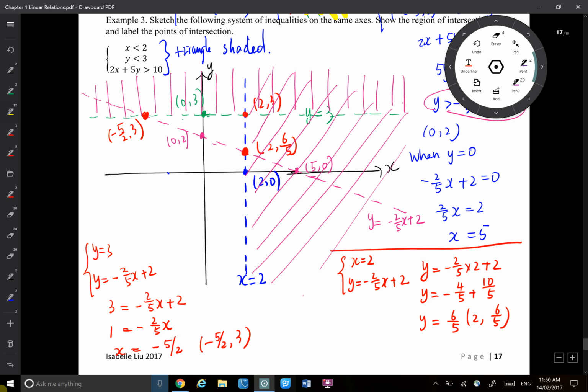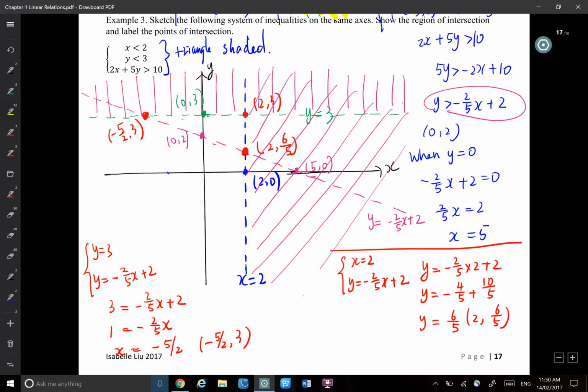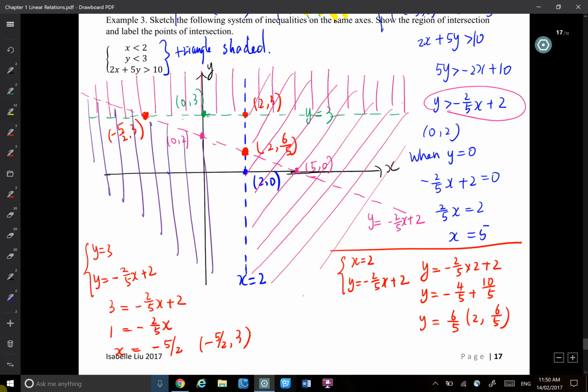So I will shade the below part. Okay, that pink line, can you see that? I will shade the region below that. That's the region that I don't want.